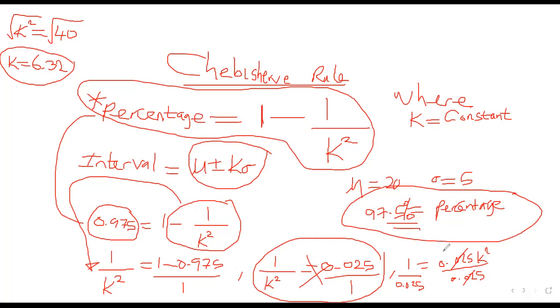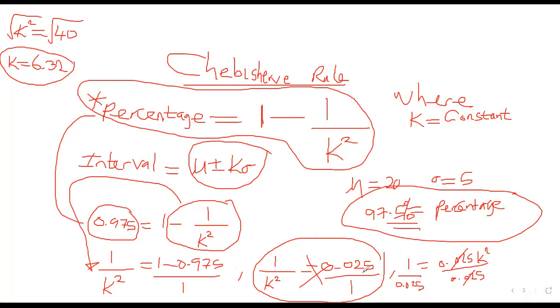Okay. So on the K, that's how we found it. Here, after cross multiplying, we got K on the other side, so it will be 0.025 K, which is equal to 1.